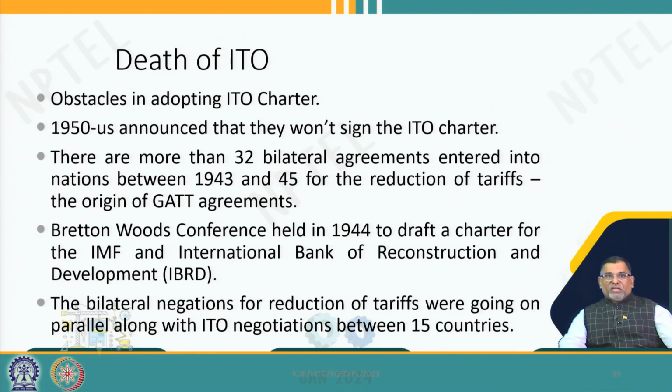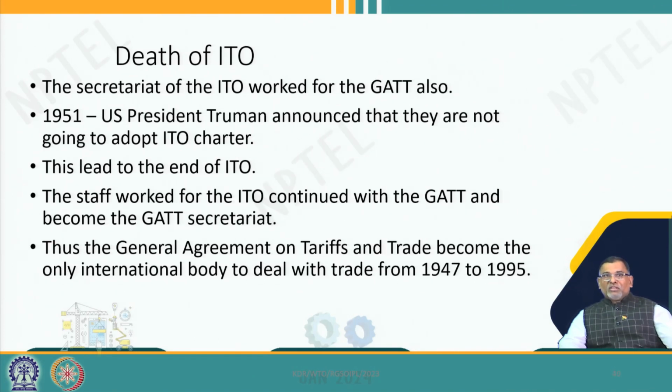The third institution was dead, mainly because of the non-cooperation of the United States and the declaration of US President Truman in 1951 that they were not going to sign the ITO charter.